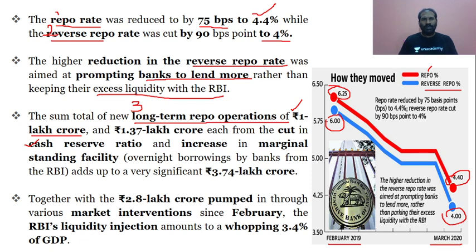So the first one is repo rate, second is reverse repo rate, third is long-term repo operation, fourth is the cash reserve ratio, and also an increase in the marginal standing facility, that is overnight borrowing by banks from the RBI, through which 3.74 lakh crore rupees will be pumped into the market. That means 1 lakh crore rupees from long-term repo operation, 1.37 lakh crore rupees from the cash reserve ratio, and 3.74 lakh crore rupees from the marginal standing facility.